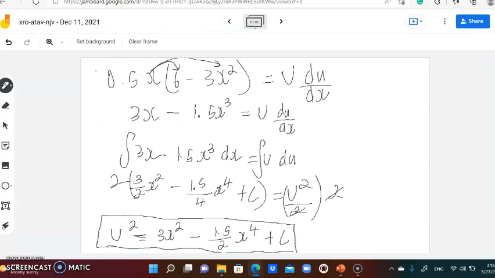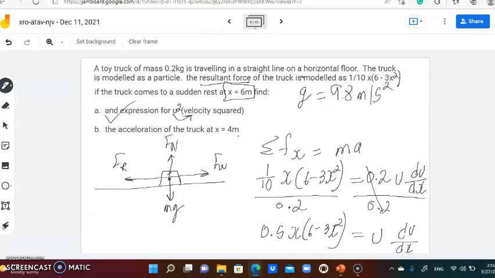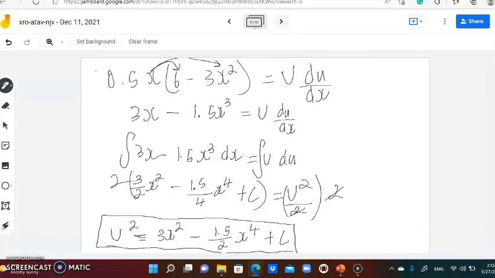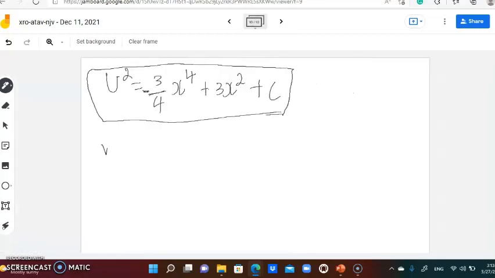The question is then asking us to find the acceleration of the chuck at x equals 4 meters. But we know that the chuck came to rest at x equals 6 meters. So the velocity of the chuck was 0 when x was 6 meters. Right?